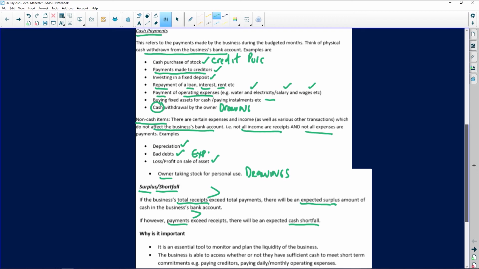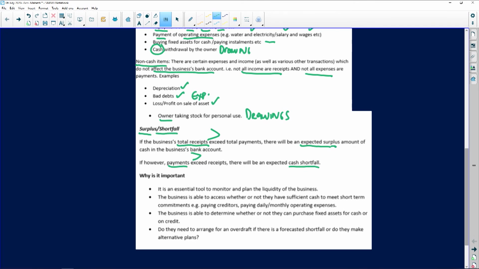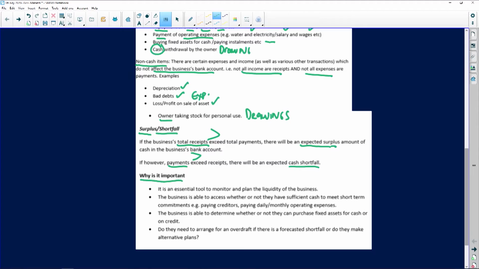Okay, right, and then finally the very last bit of theory, and then I promise we'll get to an exam type question. Why is this important? So think about it. Why is it important to draw up a cash budget? Now, obviously, a lot of you probably receive a monthly allowance, and even though you don't physically write down how you're going to spend that money, you know more or less how you're going to plan on spending that money.